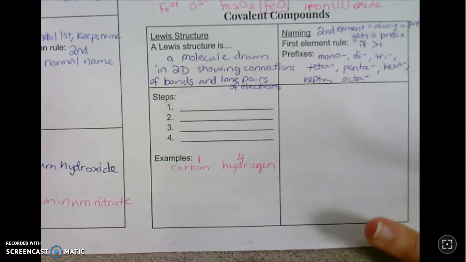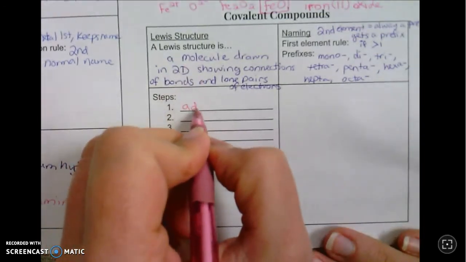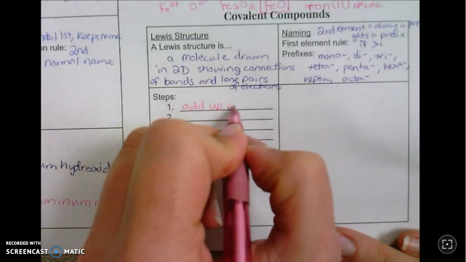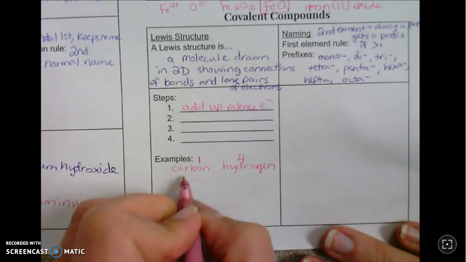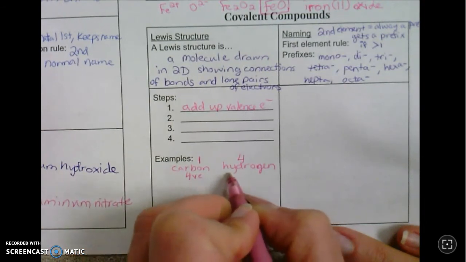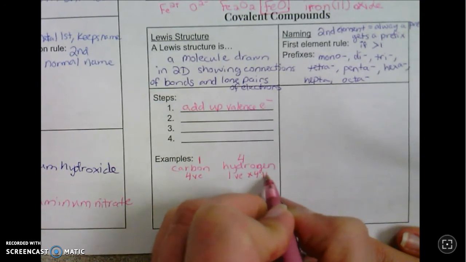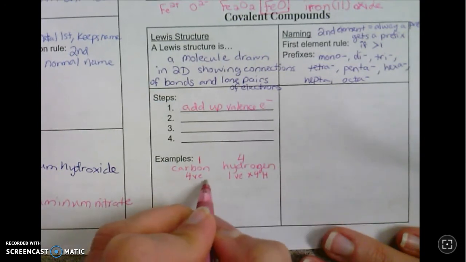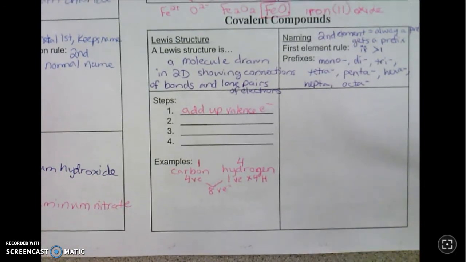Now the first thing you need to do is add up the valence electrons. Carbon has 4 valence electrons, hydrogen has 1, but there are 4 hydrogens. So altogether we have 8 valence electrons. That's our first step.